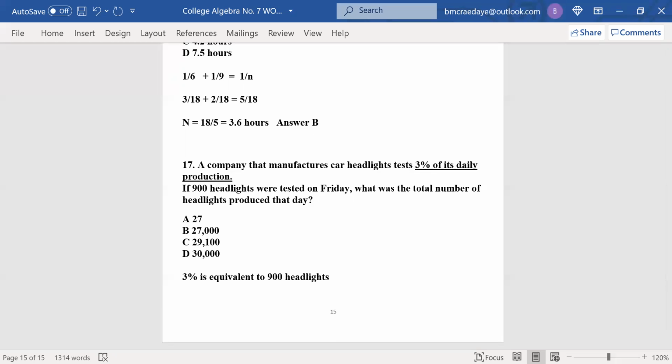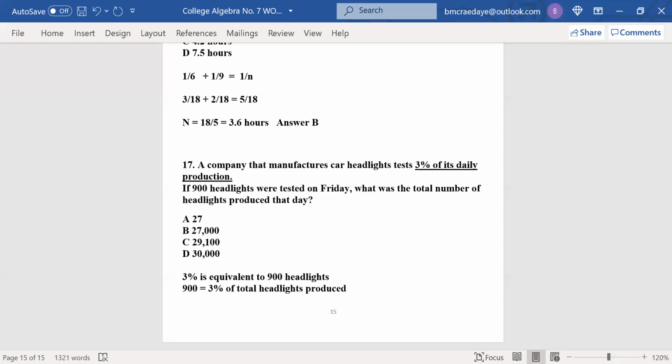So the total number produced that day is going to be what? 30,000. That's right. If I put that as a math equation, I would say 900 equals 3% of the total headlights produced.